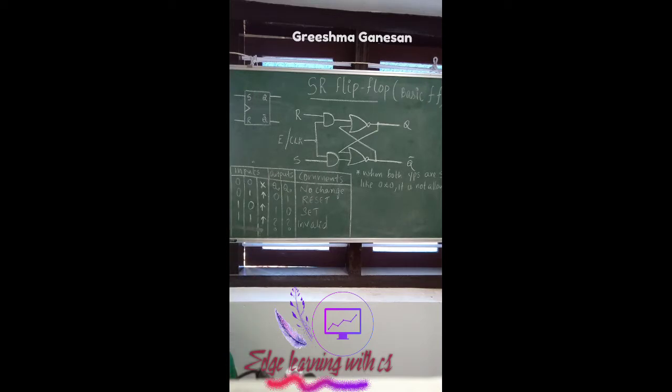Then we have the fourth row. We give the same values as inputs in both S and R, 1 and 1. We use the memory and also the clock pulse here, but our answer will be invalid. Why is it invalid?